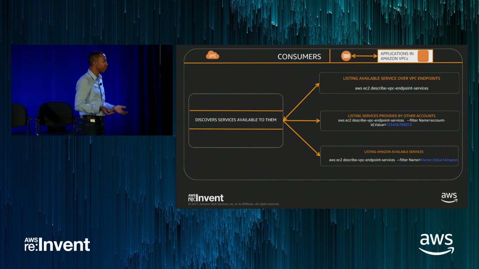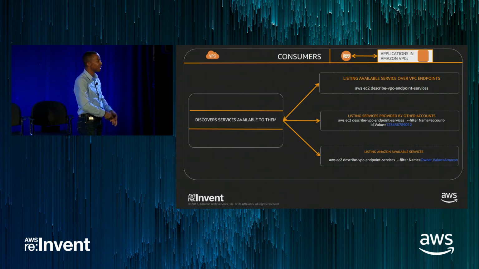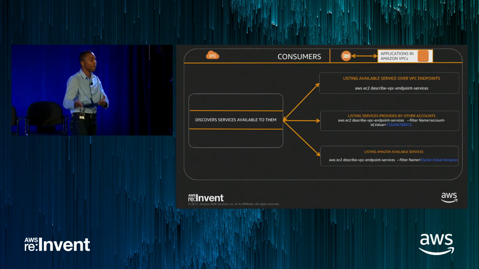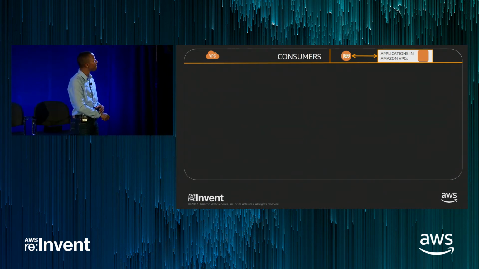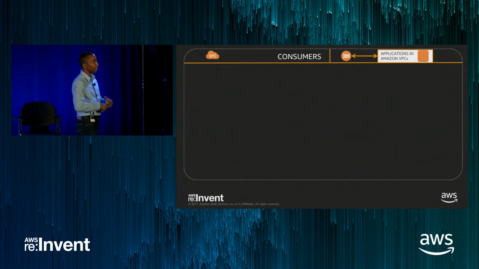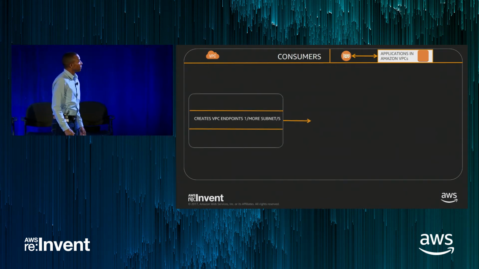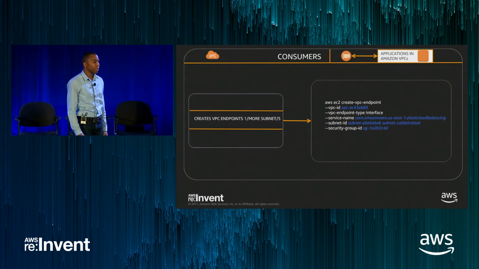What if I have a Salesforce environment and Salesforce says, okay, I want you to access this privately. They can create endpoints, endpoint service, give you access to it, and know you're accessing that environment via the AWS network only. So you're not going through Direct Connect, you're not going through the internet to get to it anymore. And once endpoints are advertised to you, you create interface endpoints to get to it.